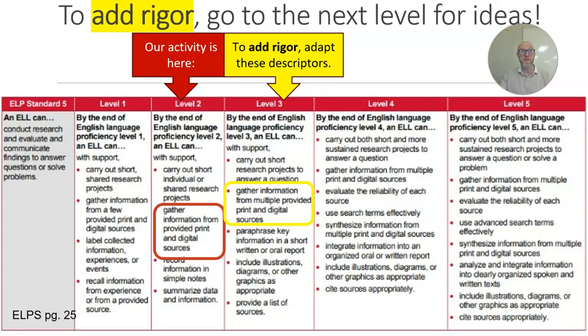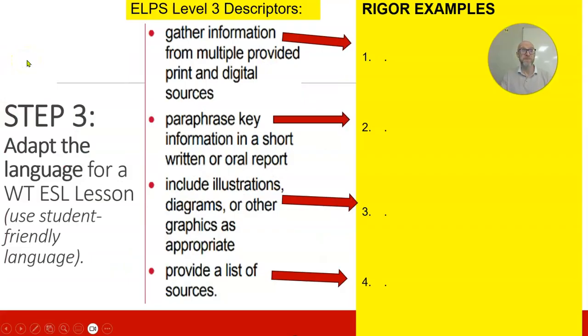And you can see there the big difference, multiple. So with sources in mind and the need to ask our students to find multiple sources, let's go to step number 3.